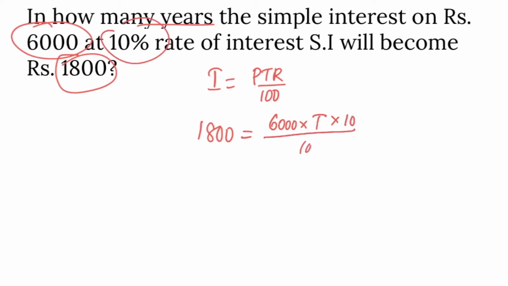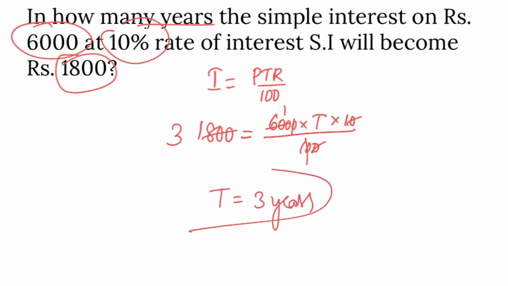Out of that substitute all the known values. 0 0 cancel, 0 0 cancel, 600 3 times 1800, time period is 3 years.